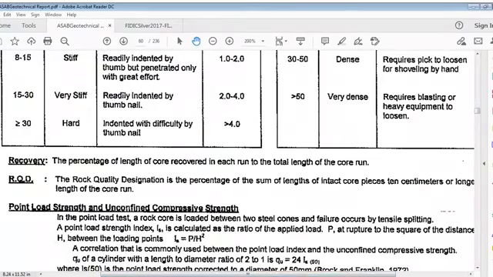Now 15 to 30 blows is very stiff, readily indented by thumbnail.